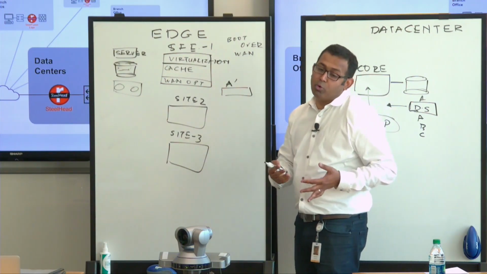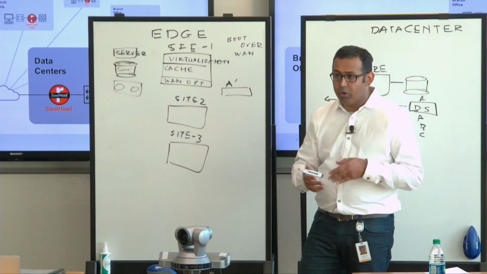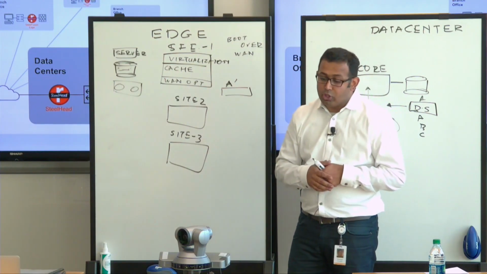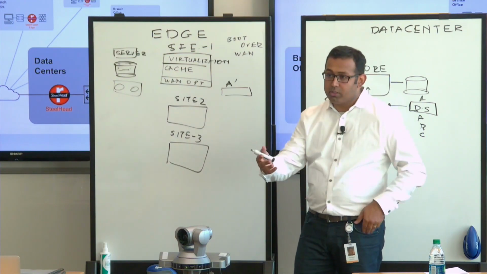But after you've booted up, it's not as if the work's done at that point in time. So the prefetch algorithm that we have keeps track of what are the blocks that are requested.